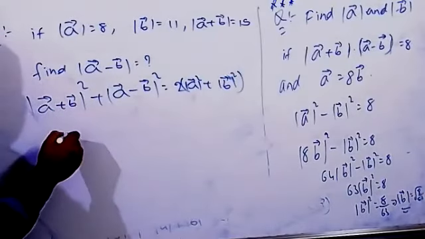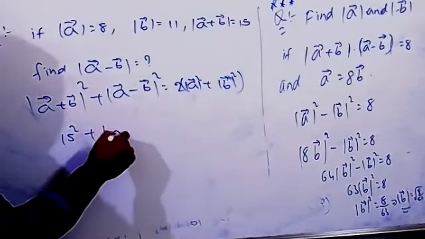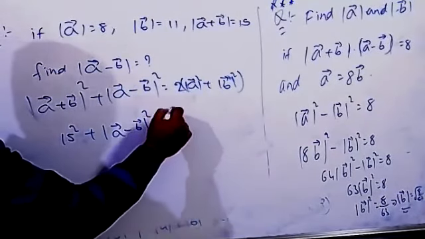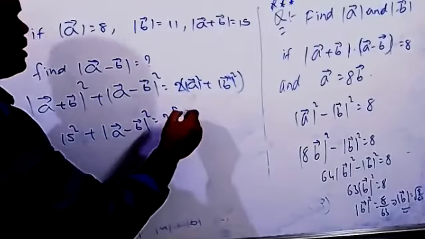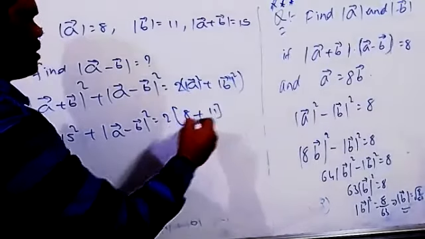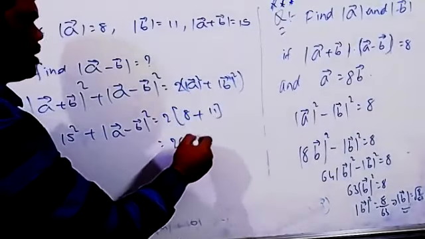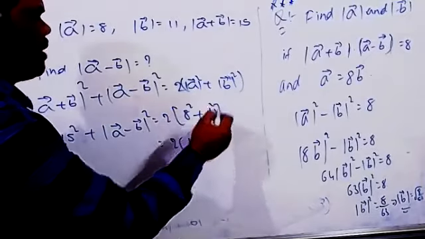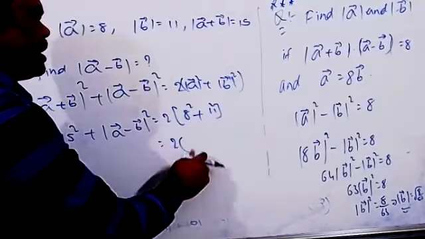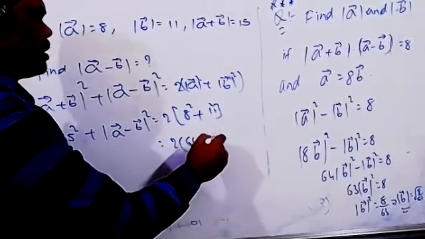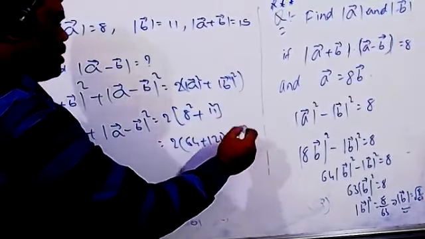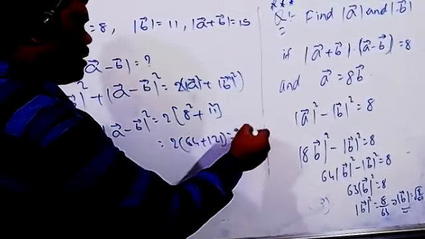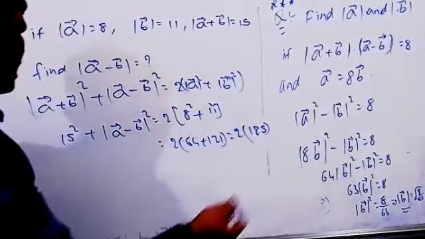So 15 square plus the magnitude of A bar minus B bar whole square equals 2 into 8 square plus 11 square. So 64 plus 121 is 185, and 2 into 185.